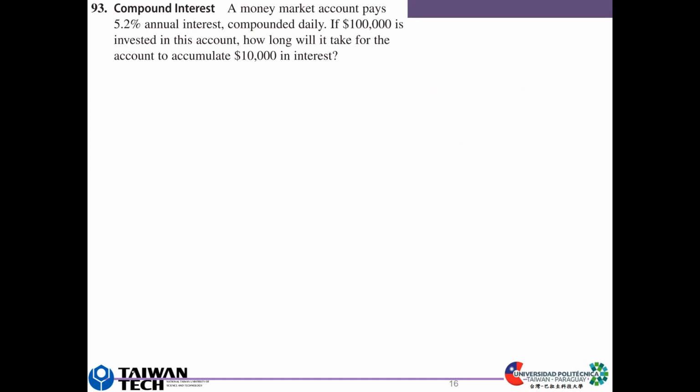So a money market account pays 5.2% annual interest compounded daily. If 100,000 is invested in this account, how long will it take for the account to accumulate 10,000 in interest? Okay, so we apply this compound daily formula.